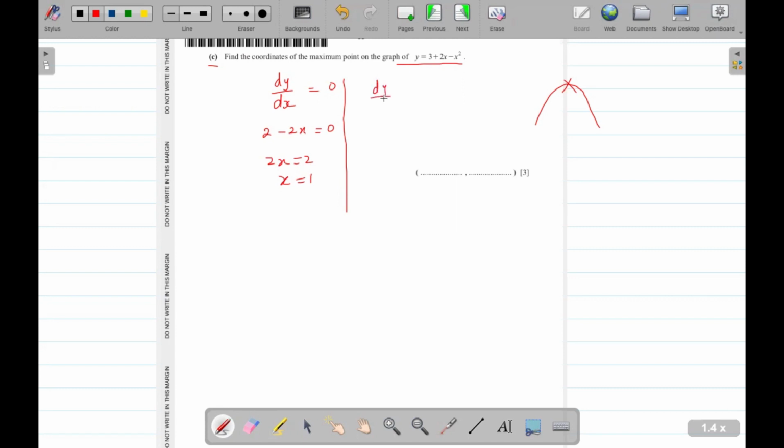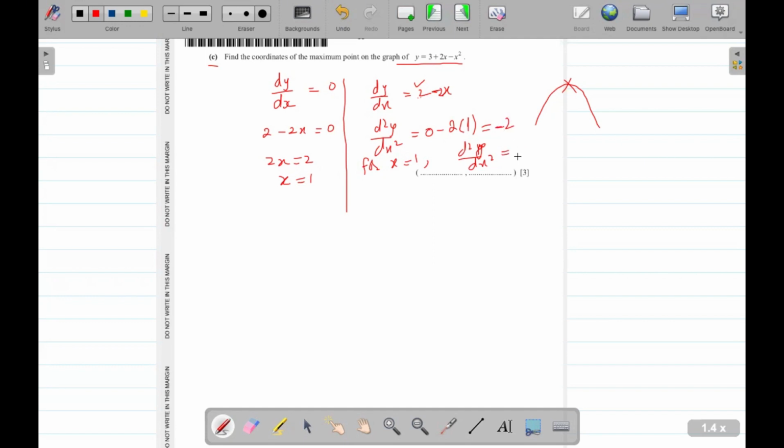The dy over dx here is 2 minus 2x, and we will calculate the second derivative, d squared y over dx squared. This will be equal to the derivative of the constant, which is 0. The derivative of minus 2x will be minus 2 into 1. This will be equal to minus 2. And for x equals 1, the second derivative d squared y over dx squared will remain minus 2, because for all values the second derivative is negative.